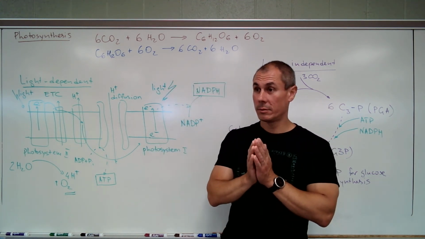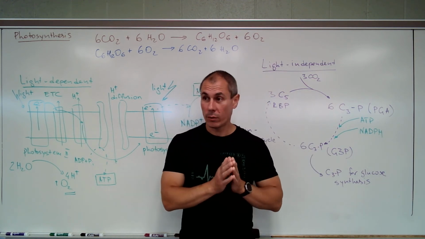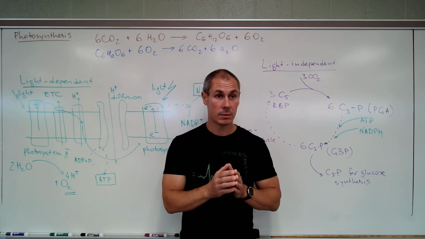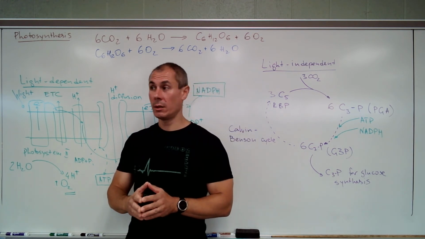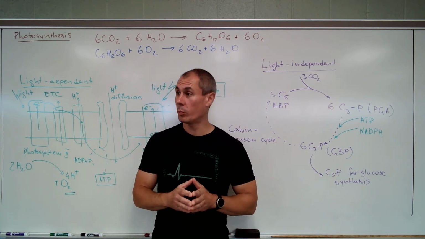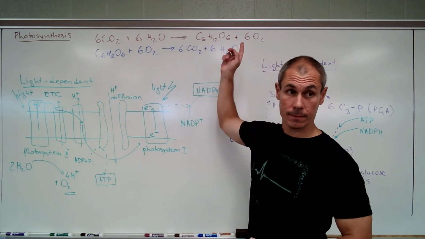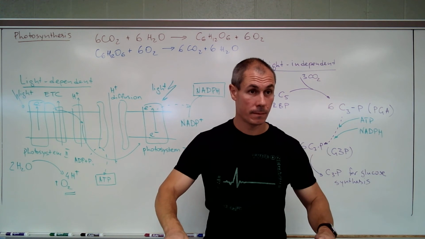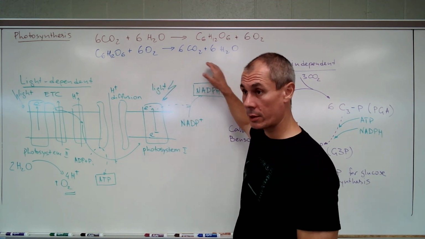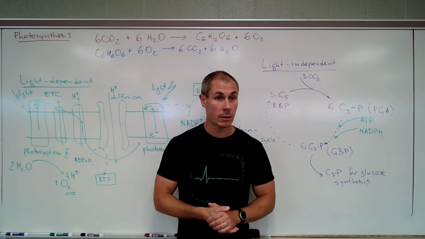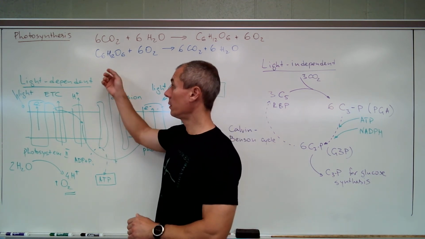So now, in the overall ecosystem, photosynthetic organisms, such as cyanobacteria, unicellular algae, and plants, run the top reaction. We good? Now the bottom reaction is respiration. So all organisms that respire do the bottom one.